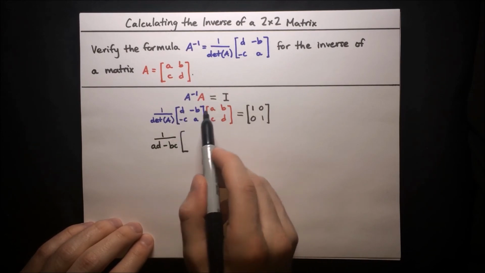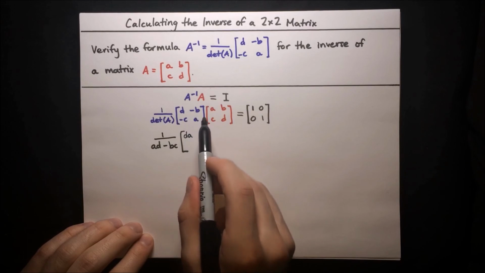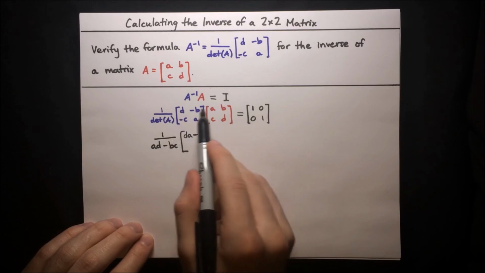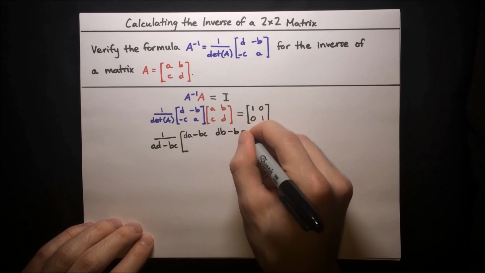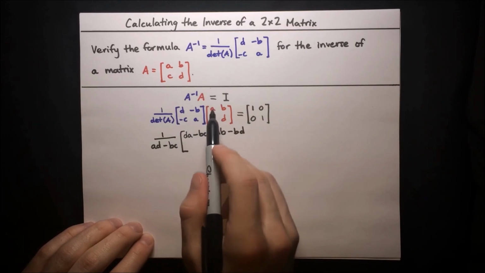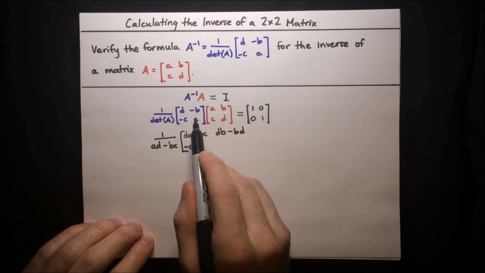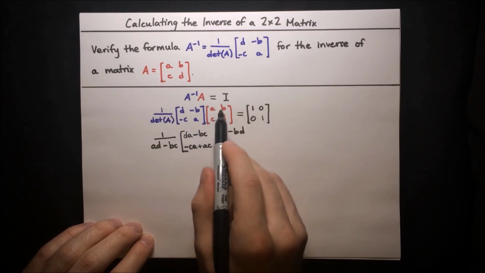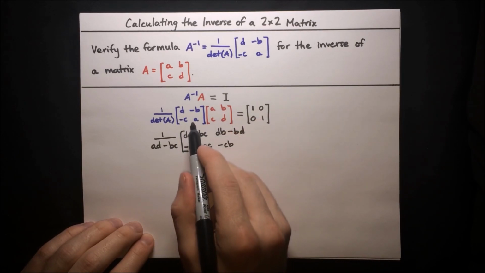So we've got first row, first column, da, and then plus negative b times c, so minus bc, and then first row, second column, db, plus negative b times d, so minus bd, and then next we've got second row, first column, so negative ca, and then a times c, so plus ac, and then lastly second row, second column, negative cb, and then plus a times d.